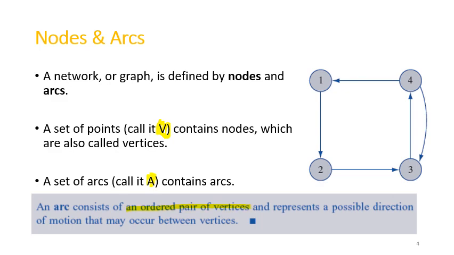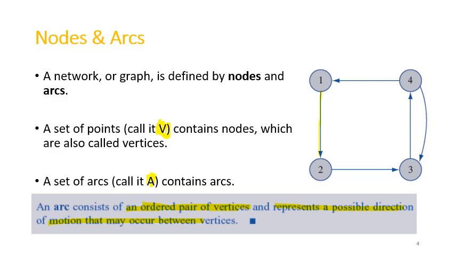Ordered means that you cannot change the order: 1 to 2 is different from 2 to 1, because it's an ordered pair of vertices. This arc represents a possible direction of a motion that may occur between vertices. The arc that we have here, for example, is from 1 to 2.